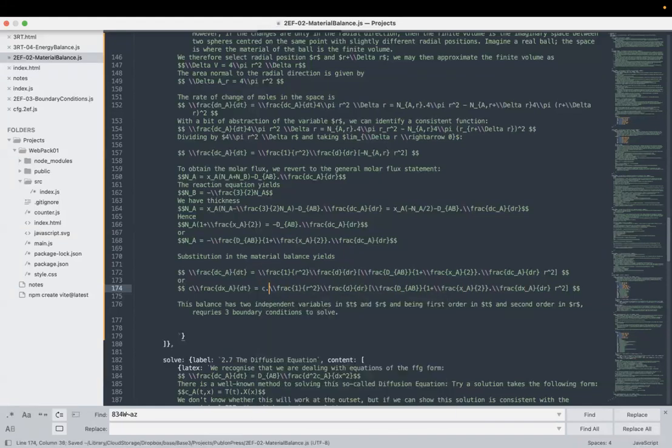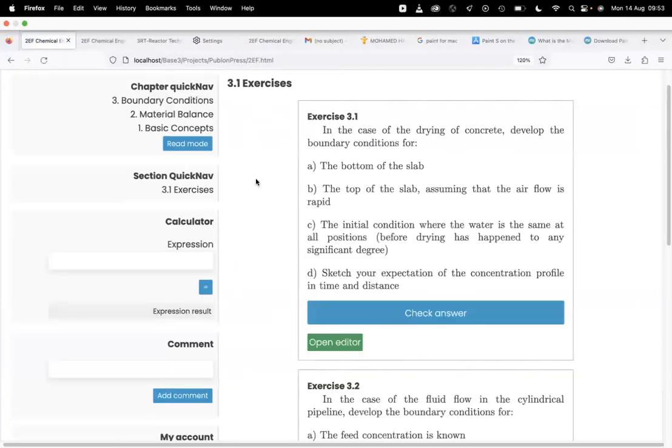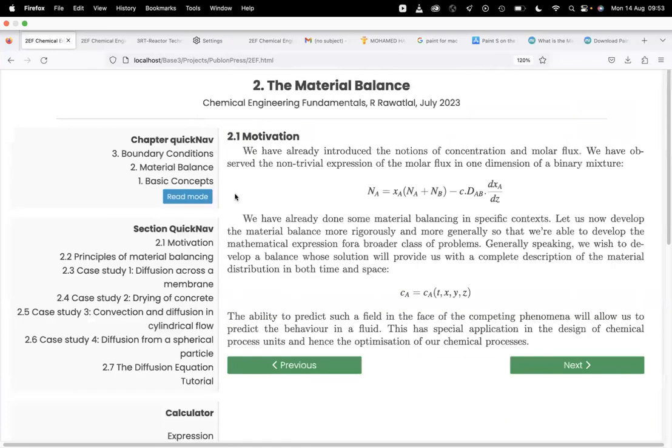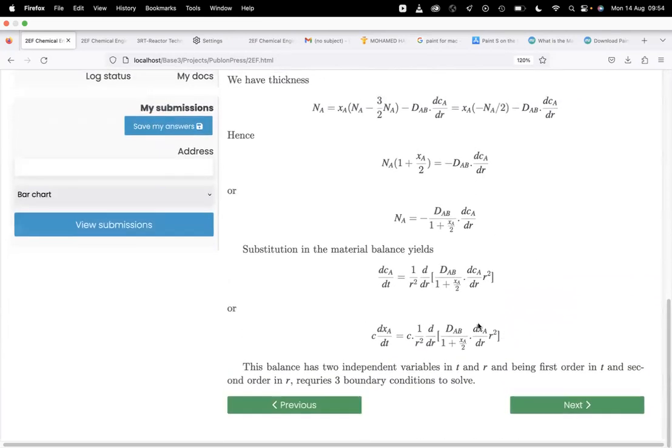So let's just check that renders properly. Yeah, under our material balance, this is a spherical particle. So just looking at these two equations, I've just acknowledged that CA is the total concentration C times the mole fraction of A. So C times XA equals CA.